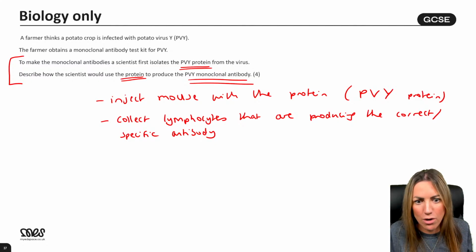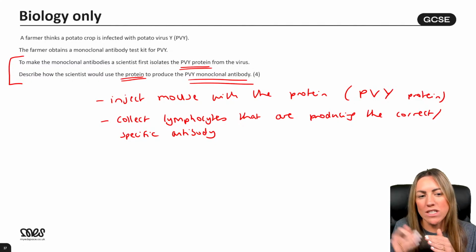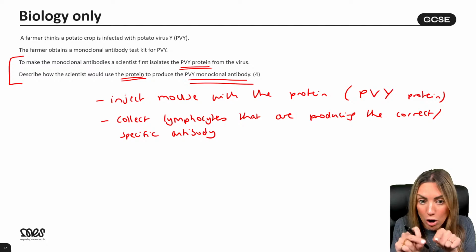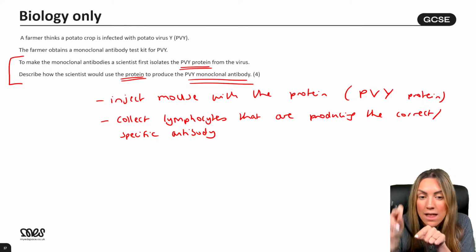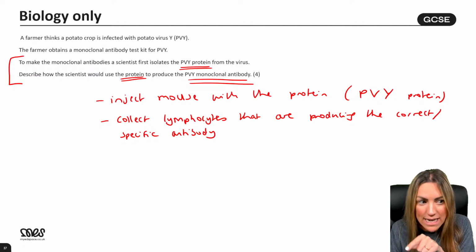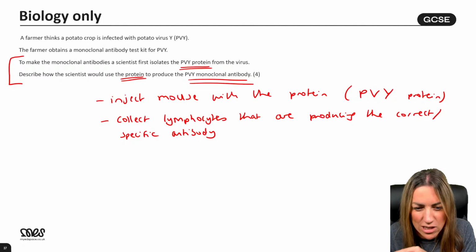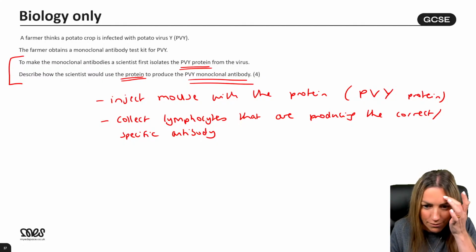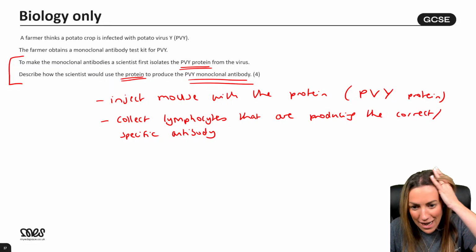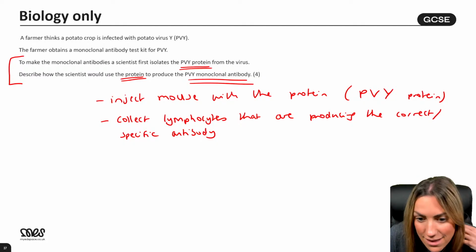Because the mouse has got loads of lymphocytes, but you've just injected the mouse with this specific protein. You want to then go in and collect the lymphocytes that are correctly making this specific antibody, the correct antibody for the PVY. Does that make sense? No, this is separate. It is a B lymphocyte, yeah. But you can just say lymphocyte, or B lymphocyte is excellent if you know it.